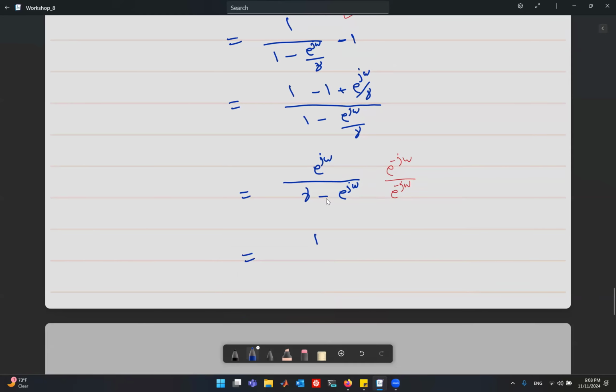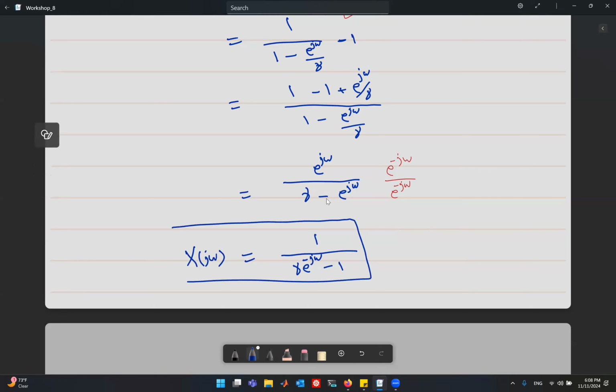And this will be 1 divided by gamma e to the minus j omega minus 1. This is X of e to the j omega, and this is the discrete time Fourier transform of gamma to the n u of minus n plus 1, when the magnitude of gamma is larger than 1.